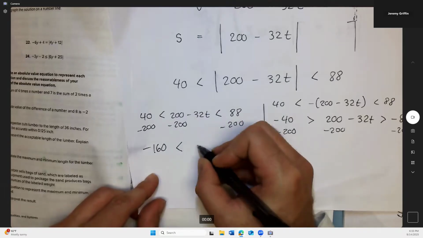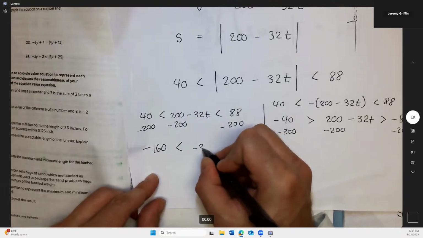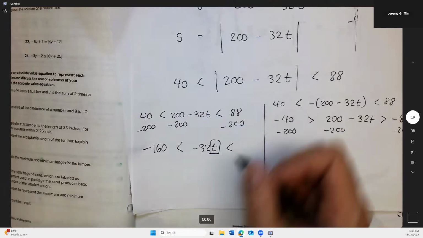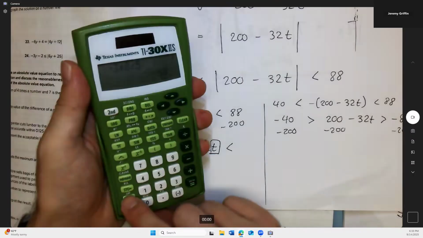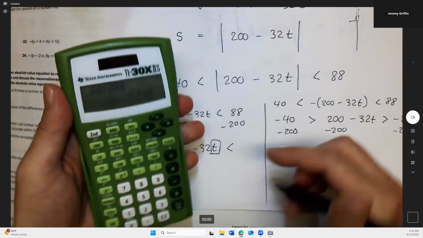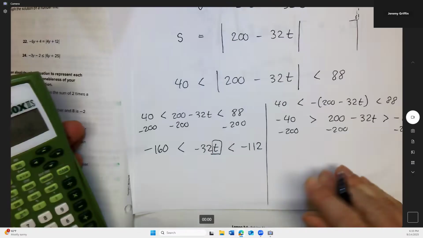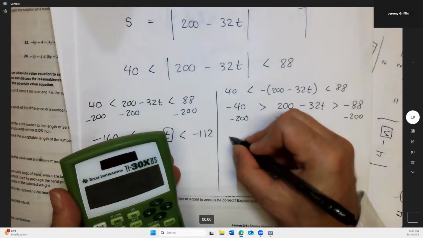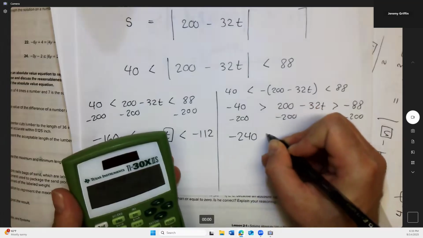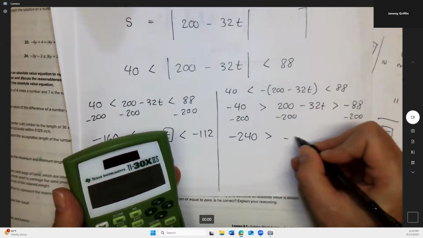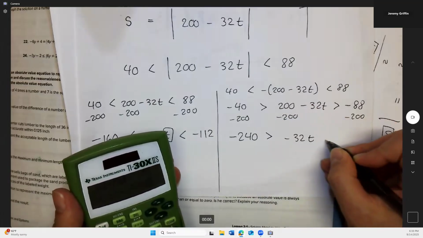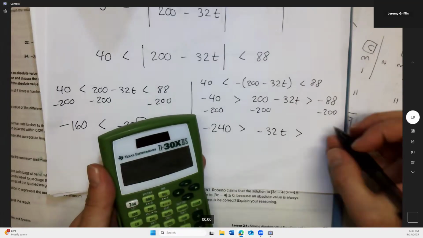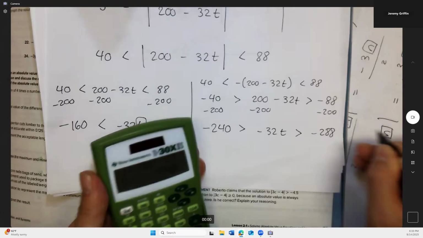Okay. -160 is less than -32t, solve for t, less than 88 minus 200, which is -112. Right? And then over here, I get -240 is greater than -32t, which is greater than -288.